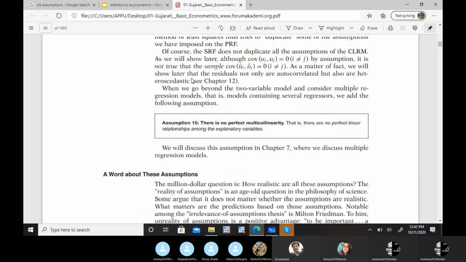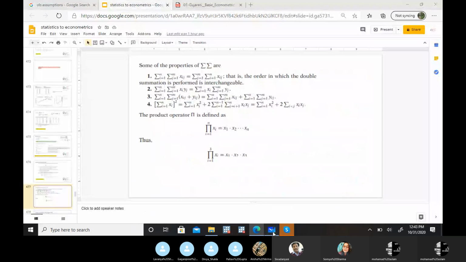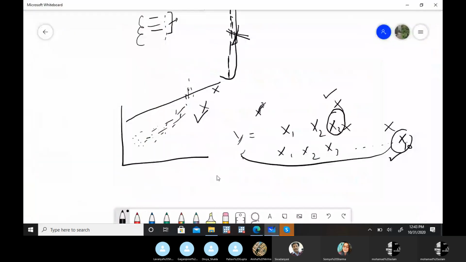And in the end, yes, perfect multicollinearity. This is again about the independent variables.